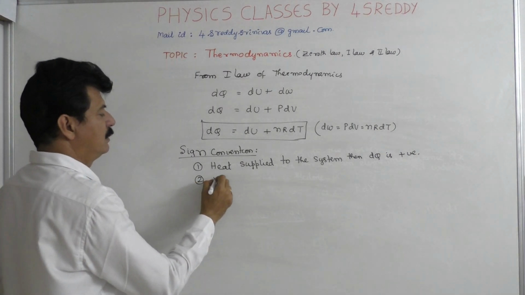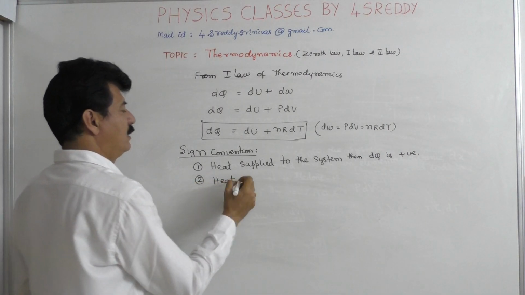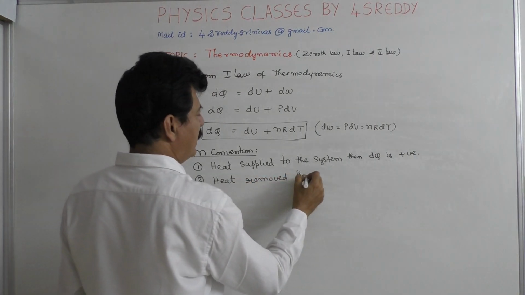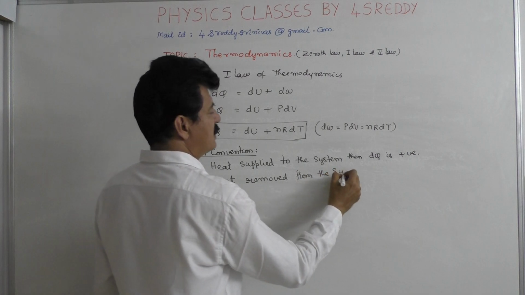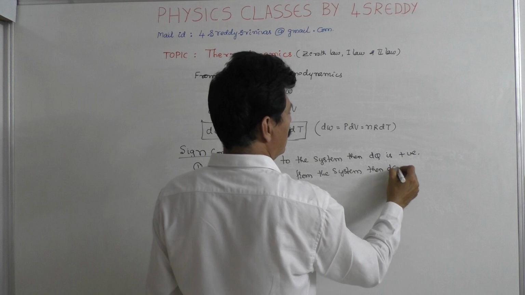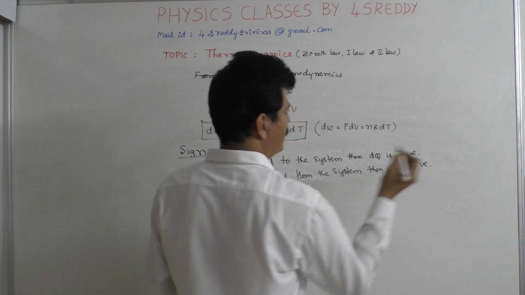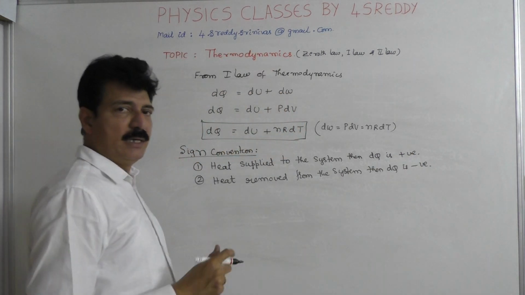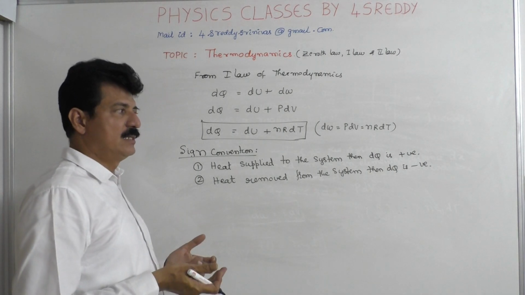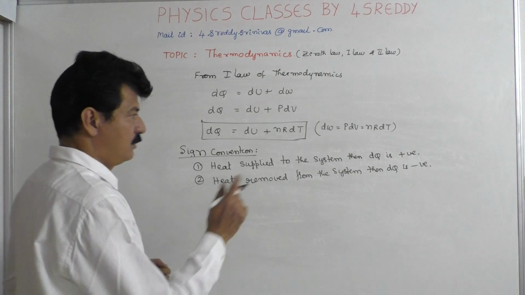Second one, heat removed from the system or extracted from the system, then dQ is negative. This is the sign that we have used. Heat absorbed by the system or heat supplied to the system, then dQ is positive.